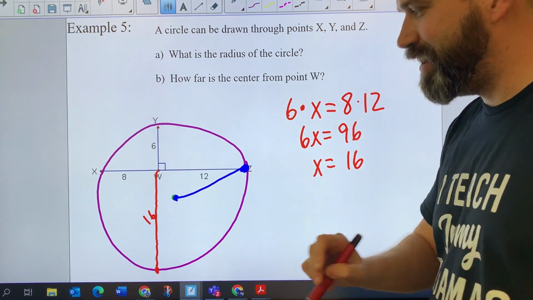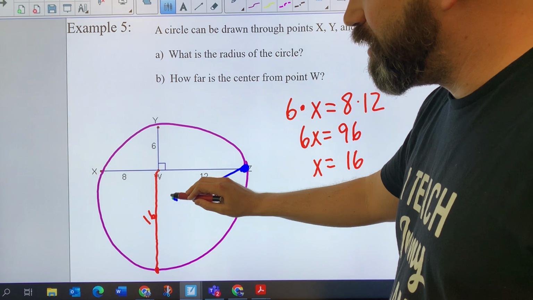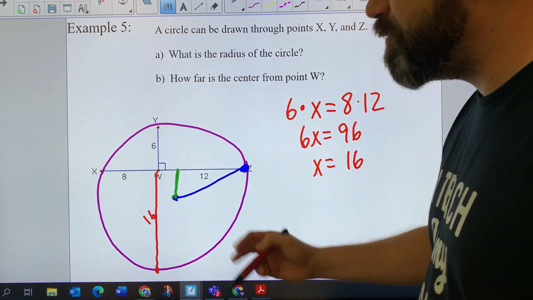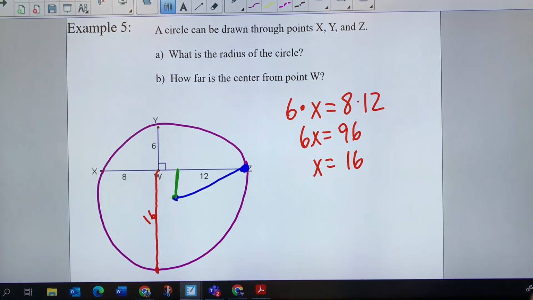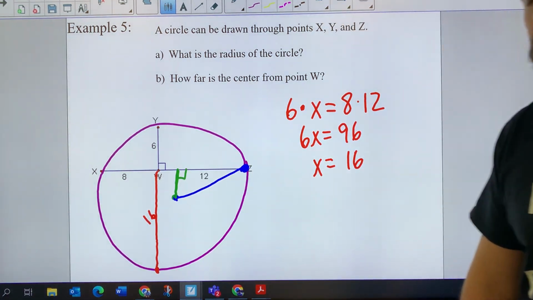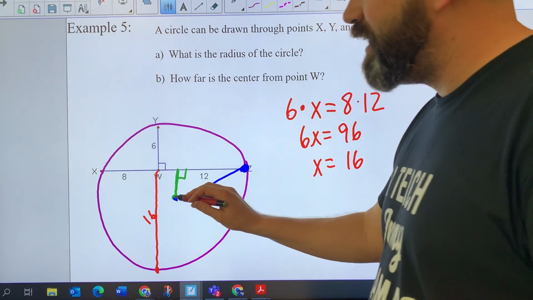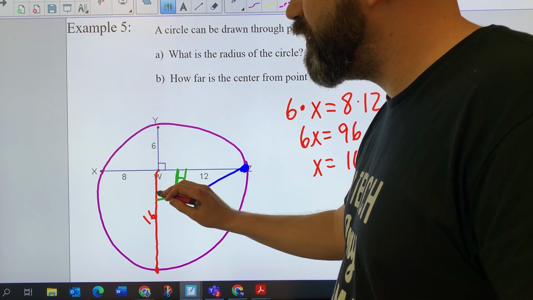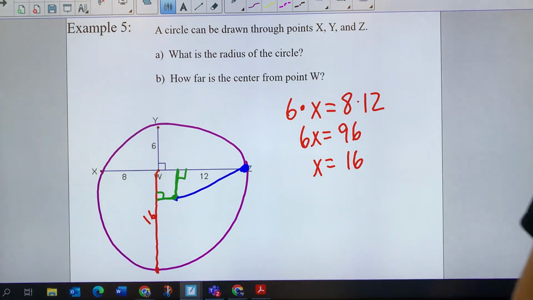This is the part that gets creative. I'm going to draw a line that goes straight up and down from the center, and that's going to give me my distance to that line. So since I'm creating that distance, I'm going to create that line to be perpendicular. And at the same time, I'm going to create a line right there, also perpendicular, that's going to give me that distance right there.